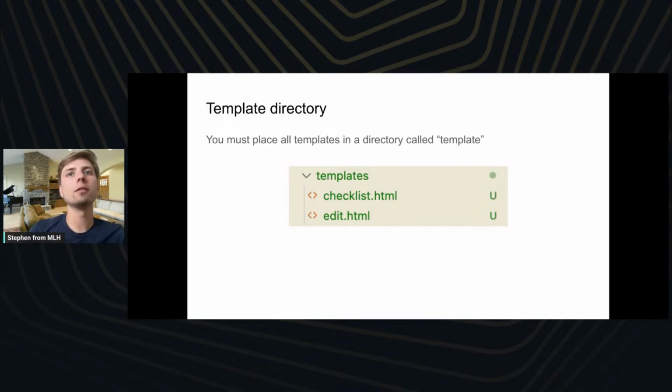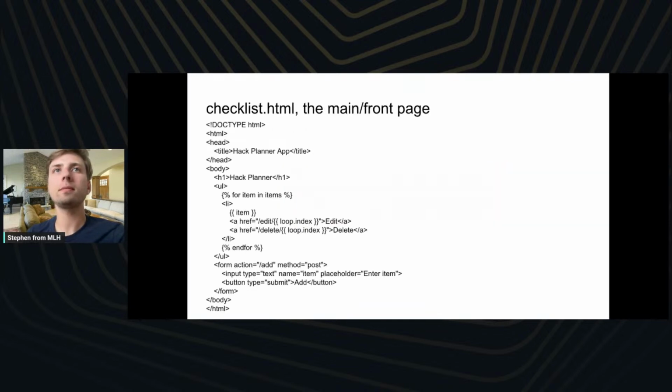But basically, Flask is going to search this templates directory to find any template that you direct it to using the render template method. And here's our checklist.html code. It's super simple. I'm actually going to make it prettier with some CSS later. But for now, this is what it looks like.